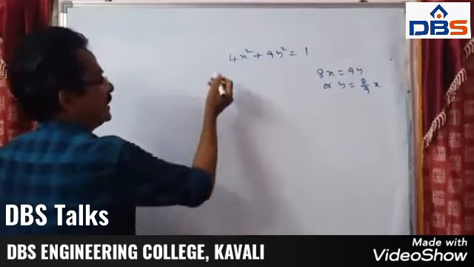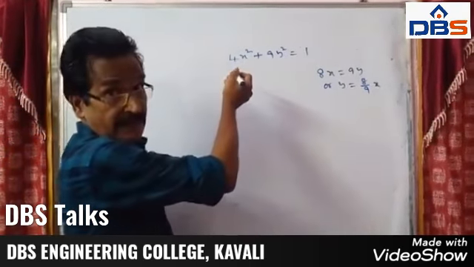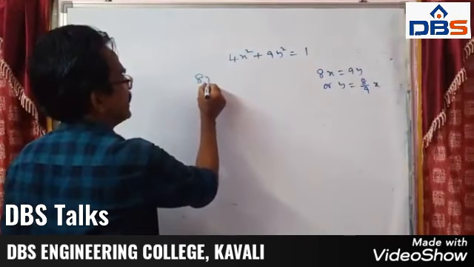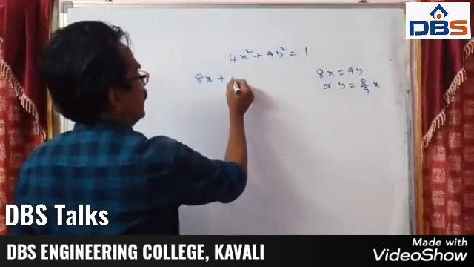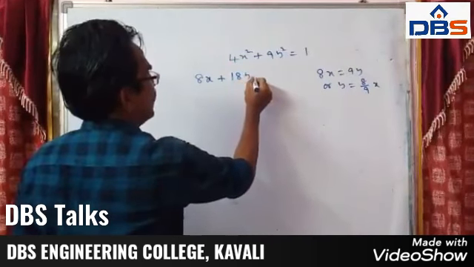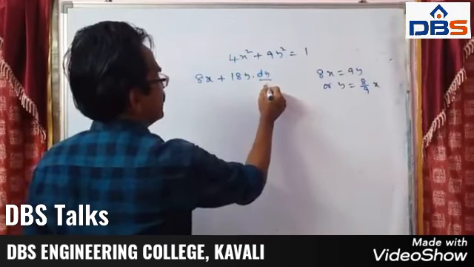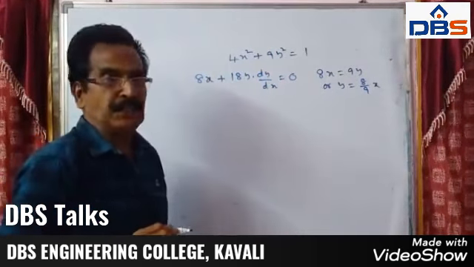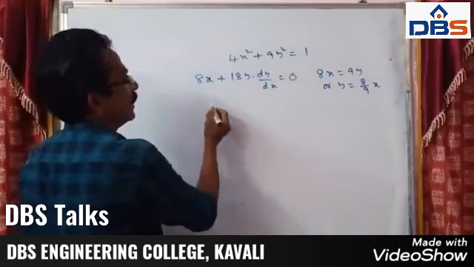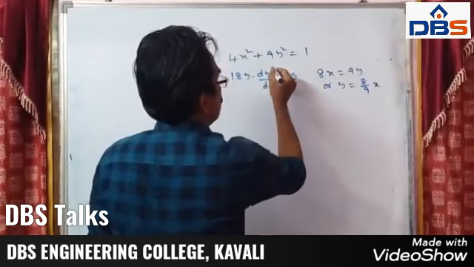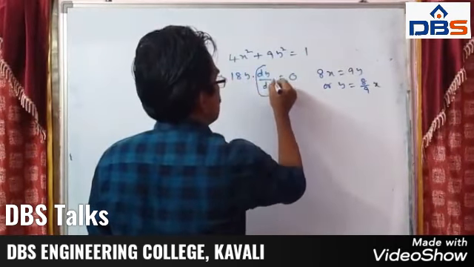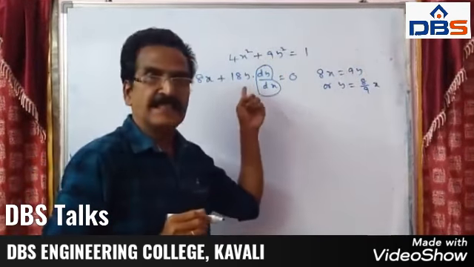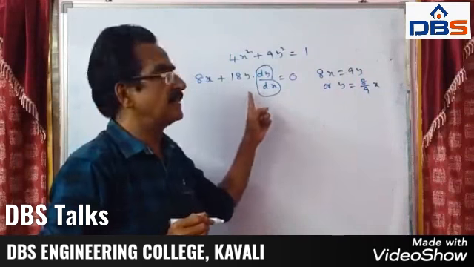So I am differentiating this equation with respect to x. 2 into 4 is 8x plus 2 into 9 is 18y into dy by dx is equal to 0. Now dy by dx is the slope of the tangent.